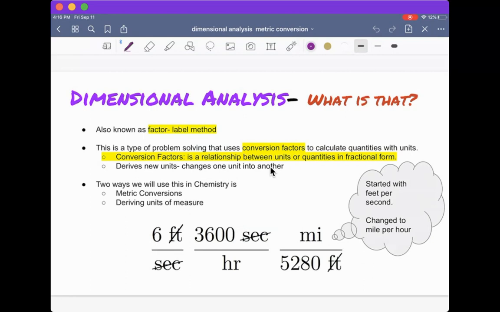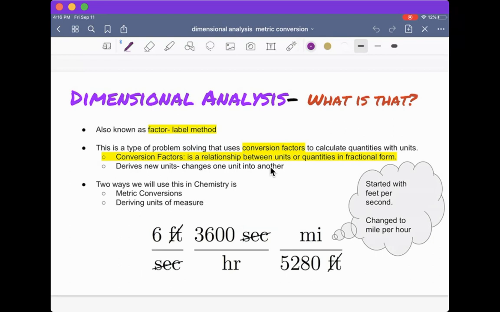So it is a great way to make units agree. And when we say that the units need to agree, it means they need to match. We can also take units and convert them into other units to get a better understanding of the relationship.